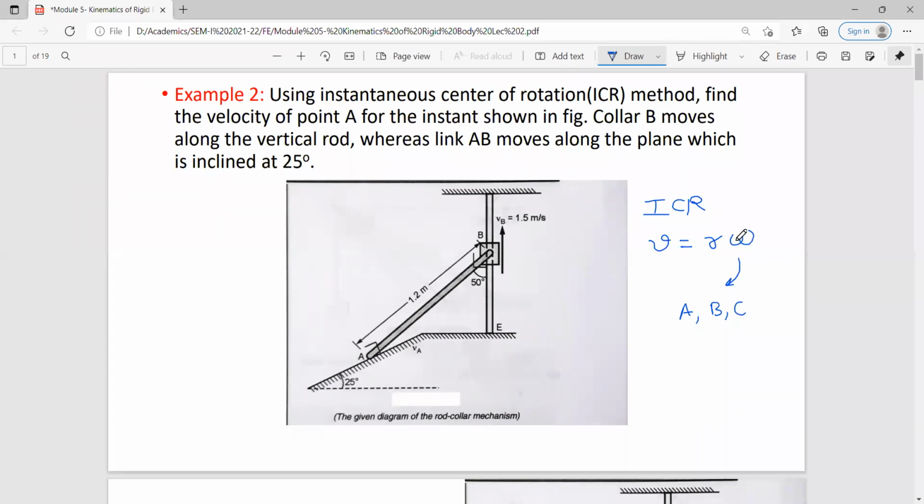But in the case of radius, the radius of any point is a distance which is measured from the center of rotation. So it becomes important to locate the center of rotation, and in our case the center of rotation changes instant to instant. That's why we call it the instantaneous center of rotation.